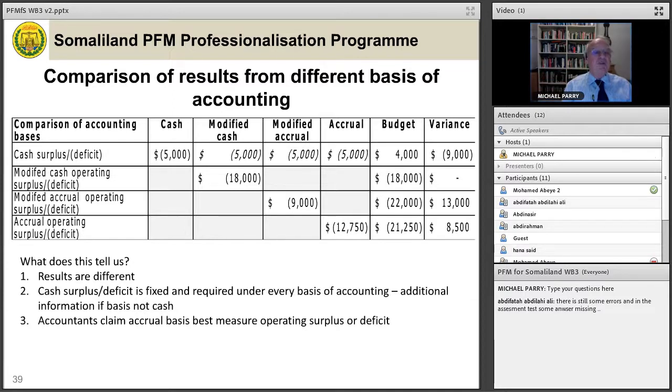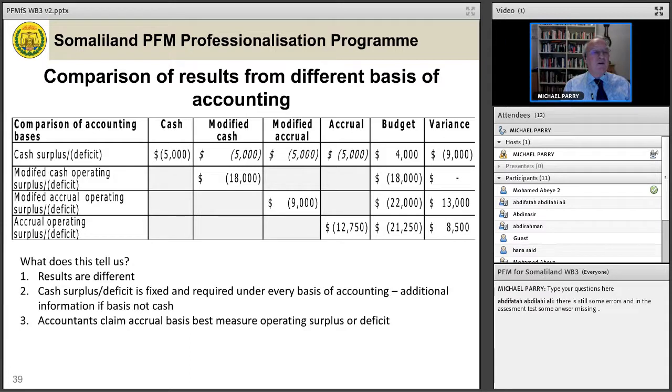Every basis that you use, you still require a cash flow statement of receipts and payments. And you cannot change your cash surplus or deficit. It is what it is. And that shows that you have a cash deficit of $5,000, whereas you expected to have a cash surplus of $4,000. So your cash flow is $9,000 worse than you expected it to be. That's that.